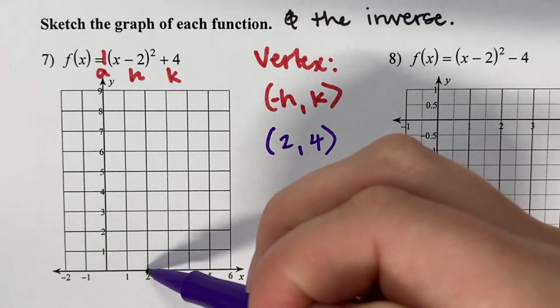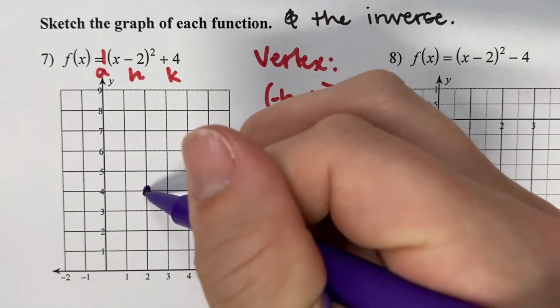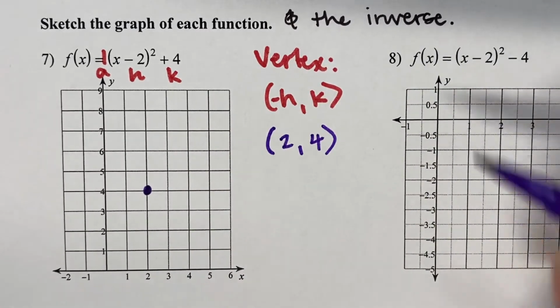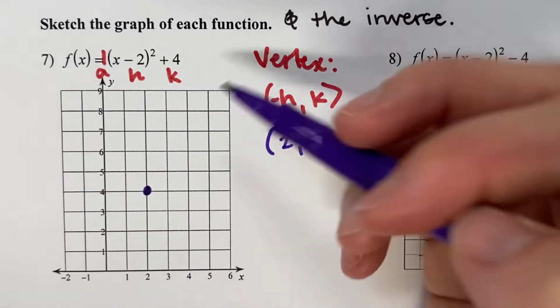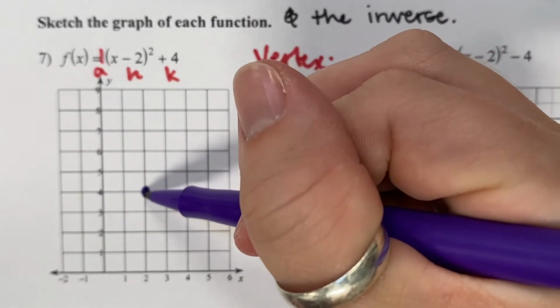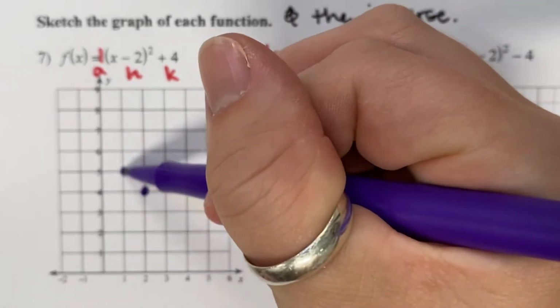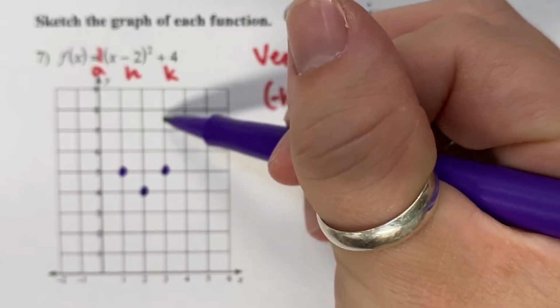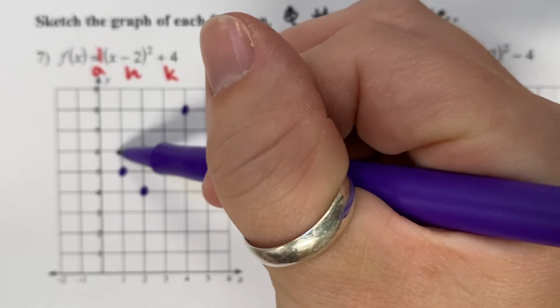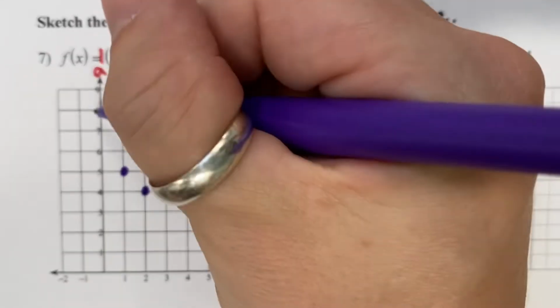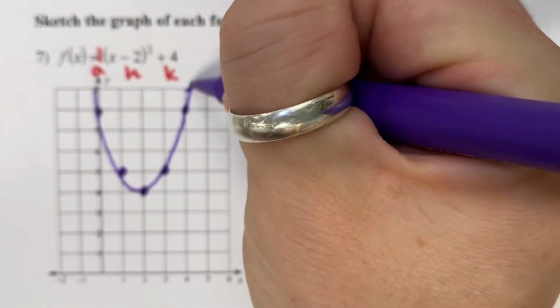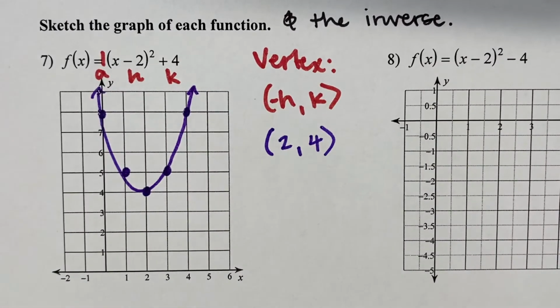We have 2 for our x, positive 4 for our y. Our a is positive 1, so we can just use our little pattern, up 1 over 1 on both sides. Up 1, 2, 3 over 1 on both sides. 1, 2, 3 over 1. Okay, so there is our original function.